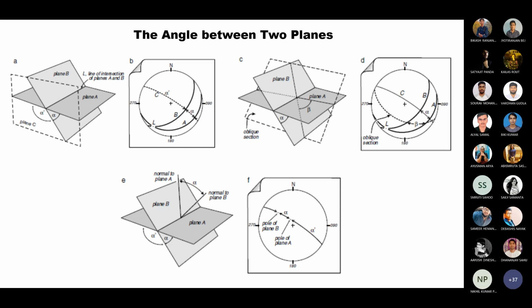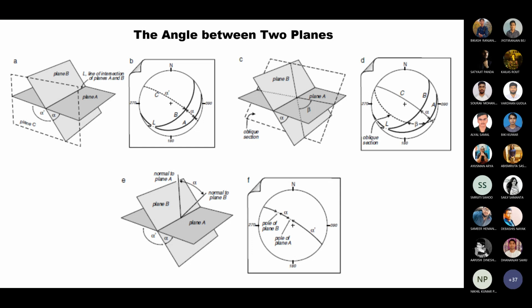So if you look at the picture, there are two planes, plane A and plane B, and we want to find the angle between these two planes based on the different great circles. So we have to find the angle orientation relationship with great circles. The purpose of this slide or this discussion is determining the dihedral angle between a pair of planes. Here they are marked as plane A and plane B stereographically.